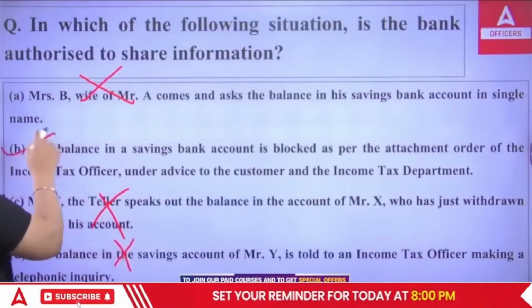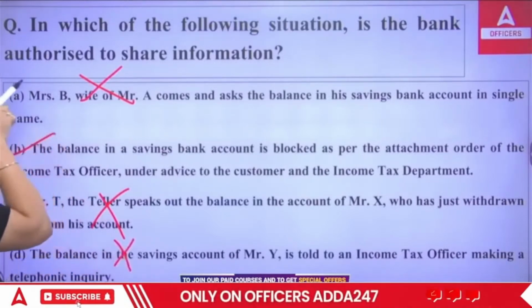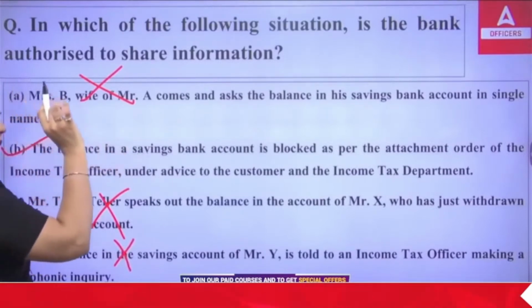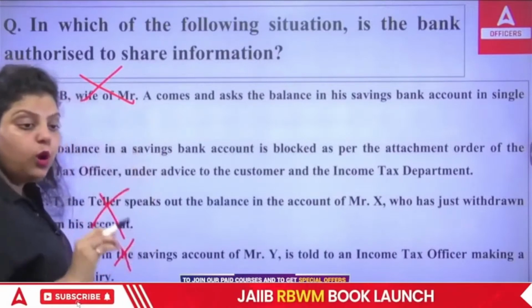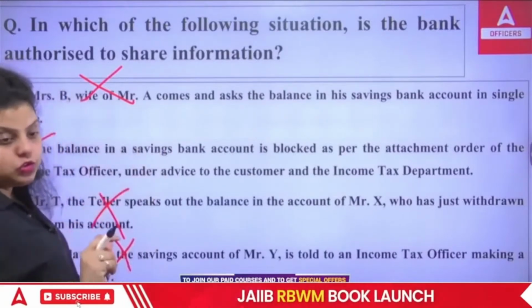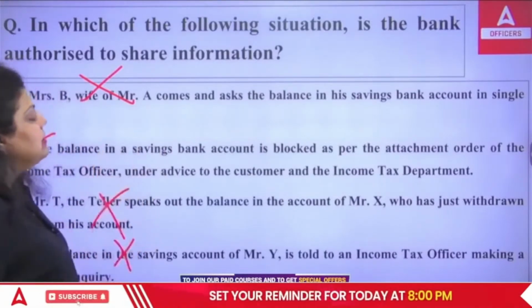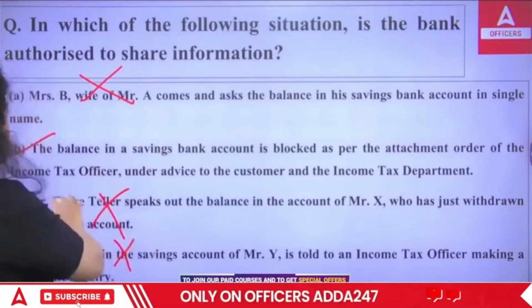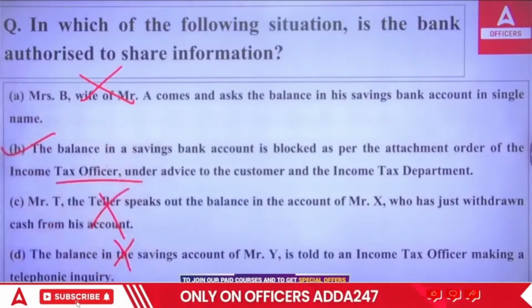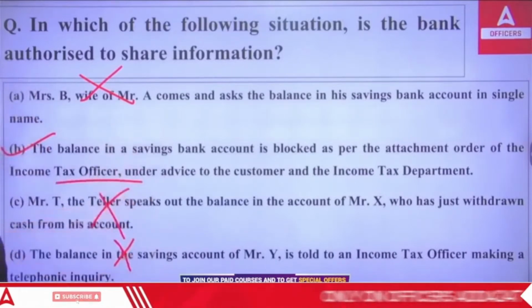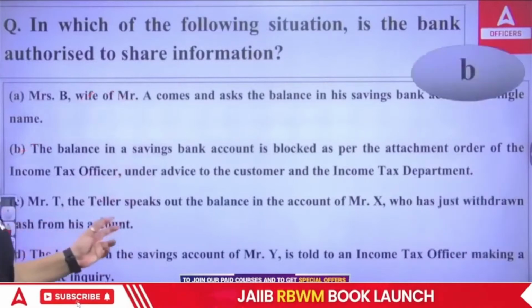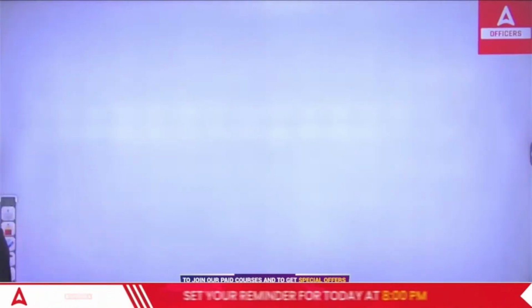The only permission given to the bank to share the information of the customer, without violating the rule of secrecy and confidentiality, is when the balance in the savings account of a customer is blocked as per the attachment order you have received from the income tax officer under the advice of the income tax department. The right answer is B.